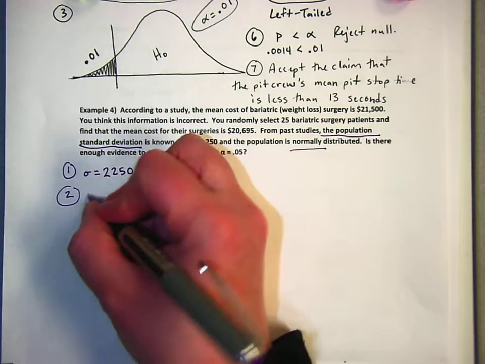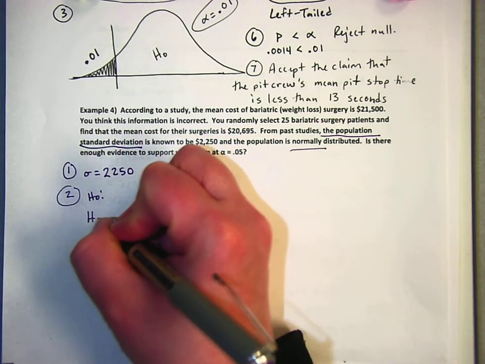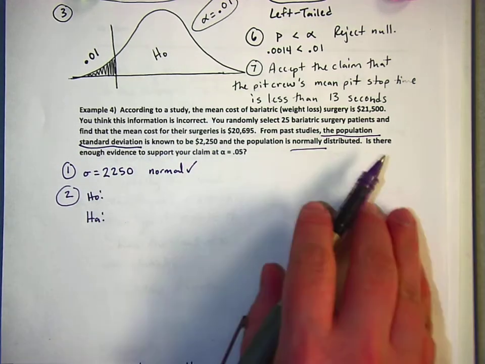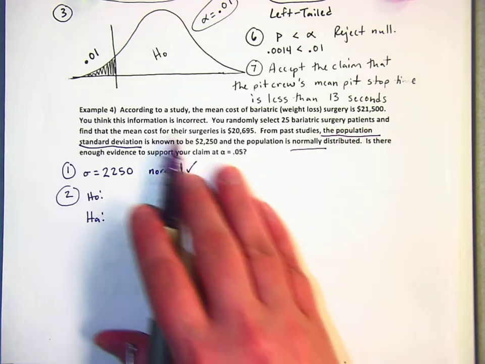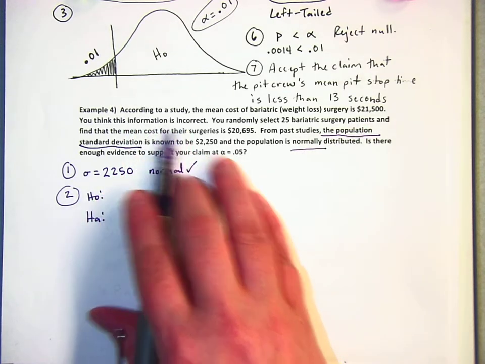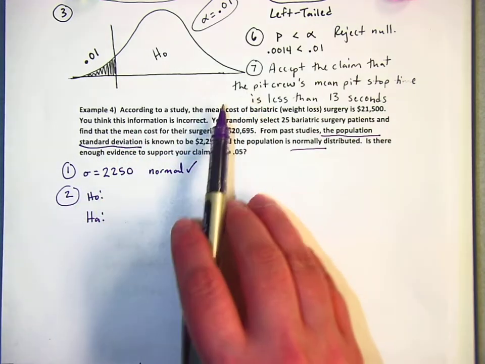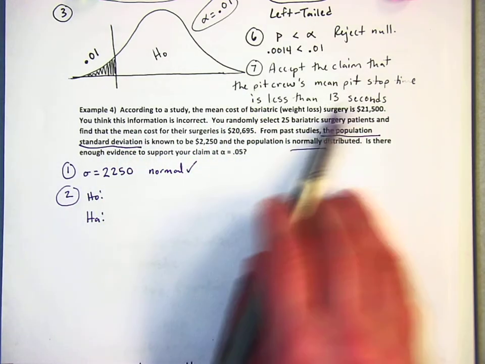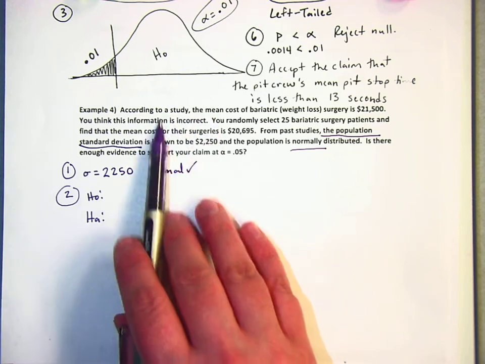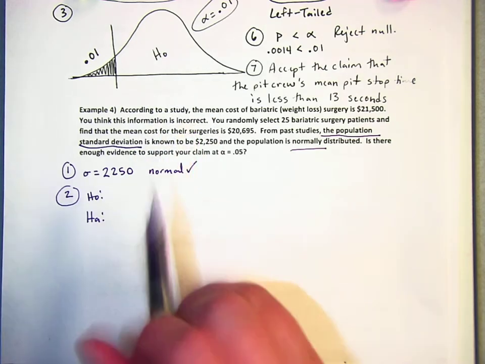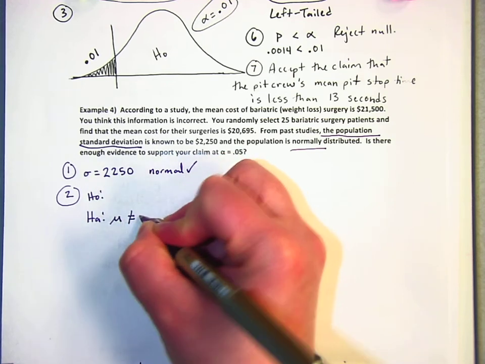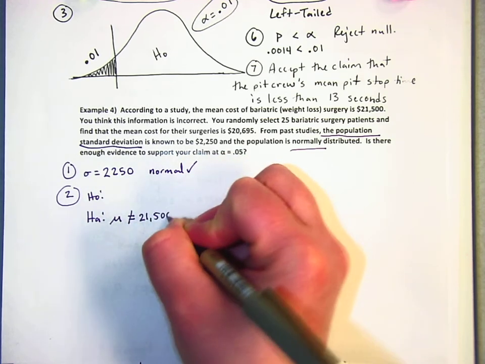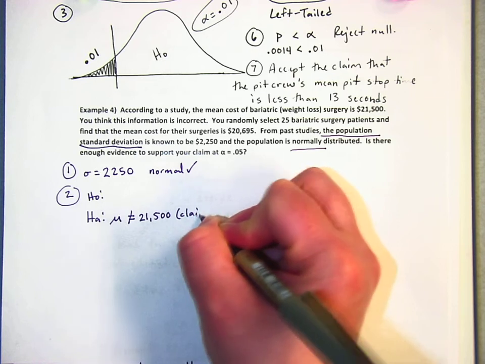Step 2, H sub O, H sub A. All right, the claim, it looks like our claim is that, I mean, you could really do this two different ways. You could say that the claim is that the surgery is this, or you could say your claim is that you are saying that it isn't that. Let's do that. So the mean cost of the surgery isn't $21,500. That's our claim, because we're claiming that it's wrong.